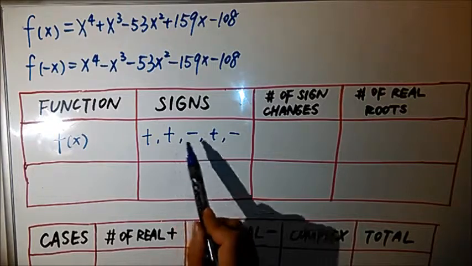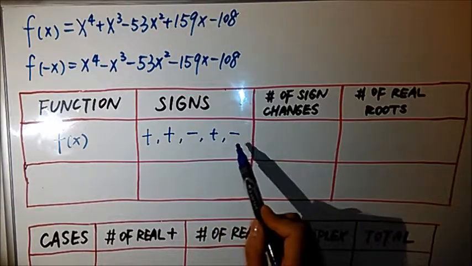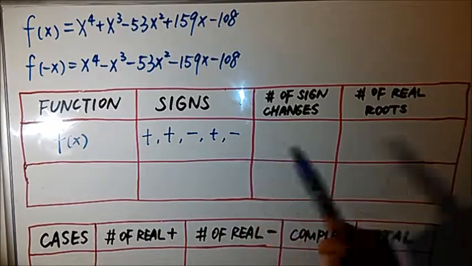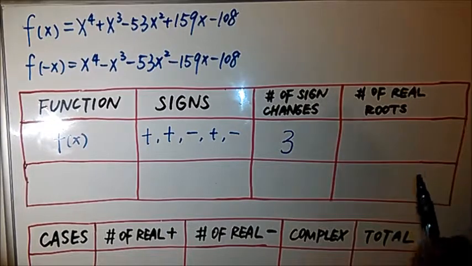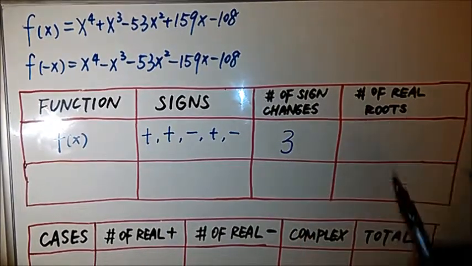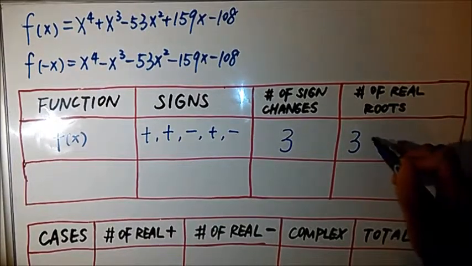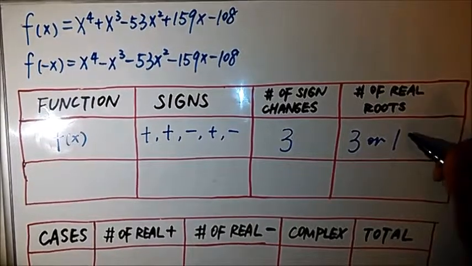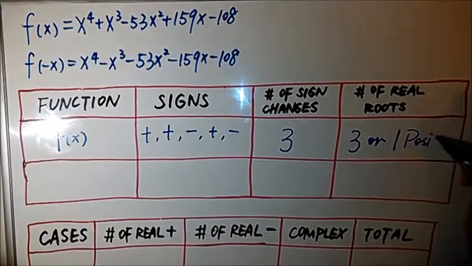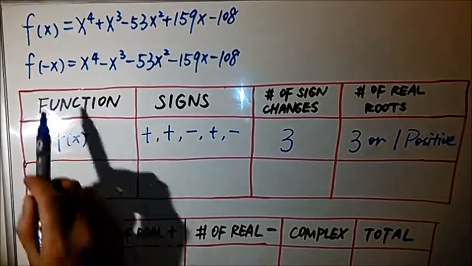Here it changes once. And it changes again to positive, that's twice. Then it changes again to negative. So it changes 1, 2, 3 times. So the number of real roots that we have is 3, or 3 minus 2, which is 1, so 3 or 1 positive real roots.